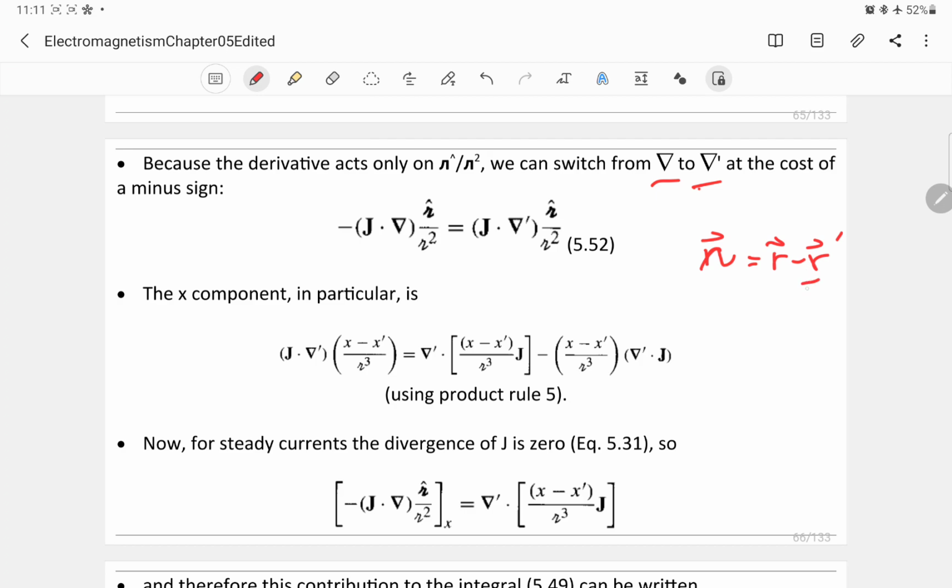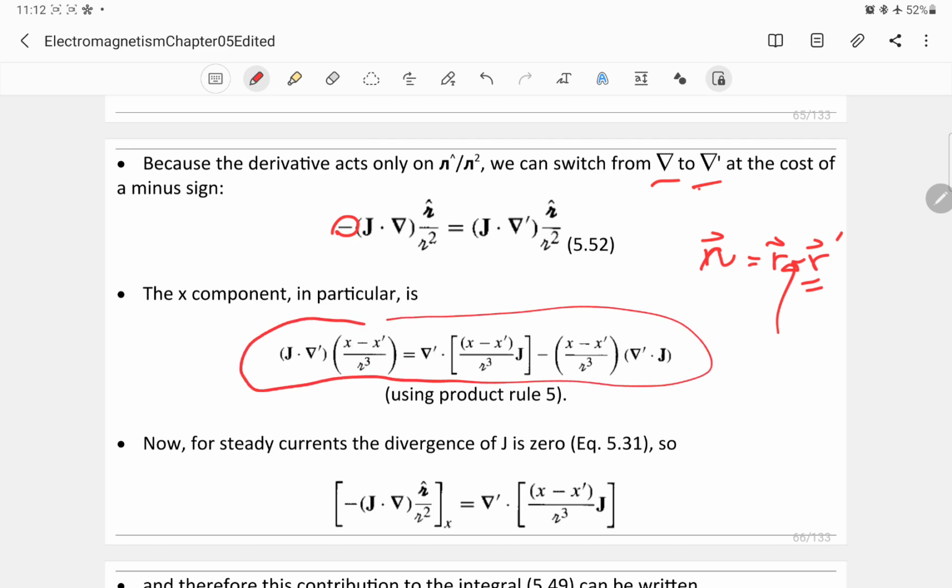So we're taking the derivative here, so you have to take into consideration the minus sign here, so that your minus sign will have to appear there. And so the x component in particular is equal to this. Of course your y component would look the same, except that the x is replaced by y, and similarly for z.